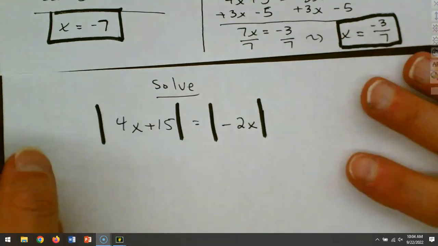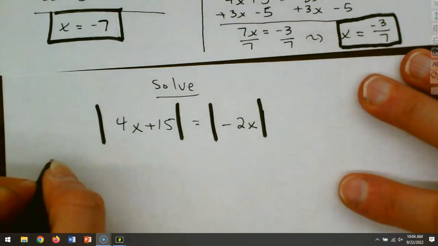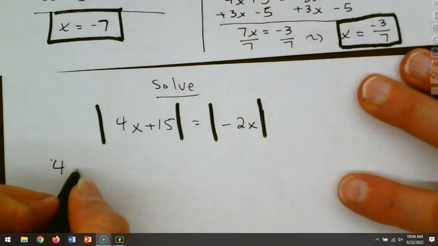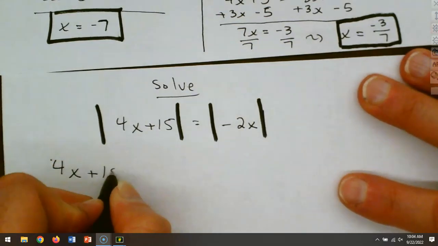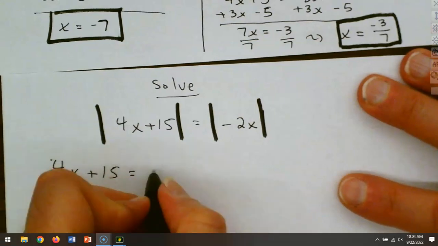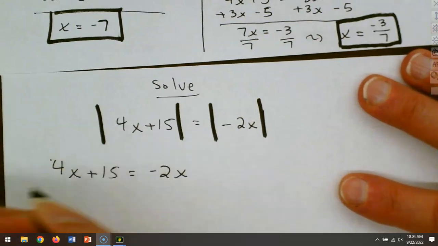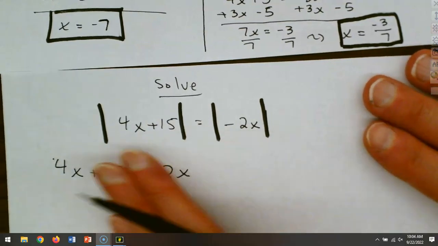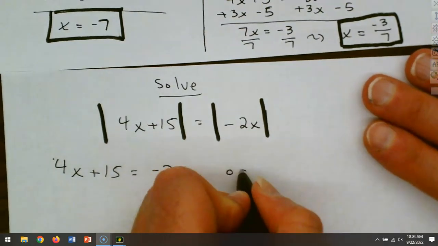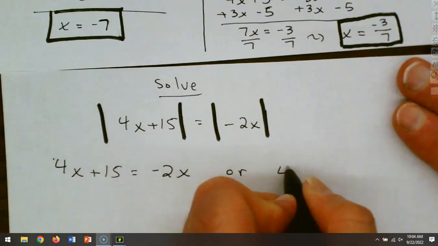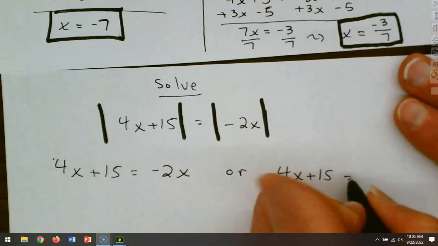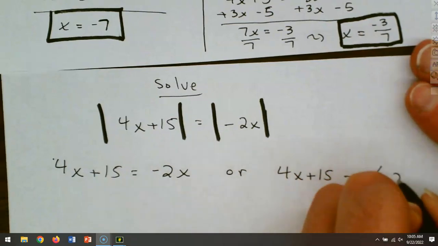The first one is the absolute value of 4x plus 15. So that gives you 4x plus 15, stays the same, and it equals a negative 2x, right? Okay, so there's our first one. We just simply drop the absolute value bars. What about the other one? The other one is going to be 4x plus 15 equals a negative 2x, right?